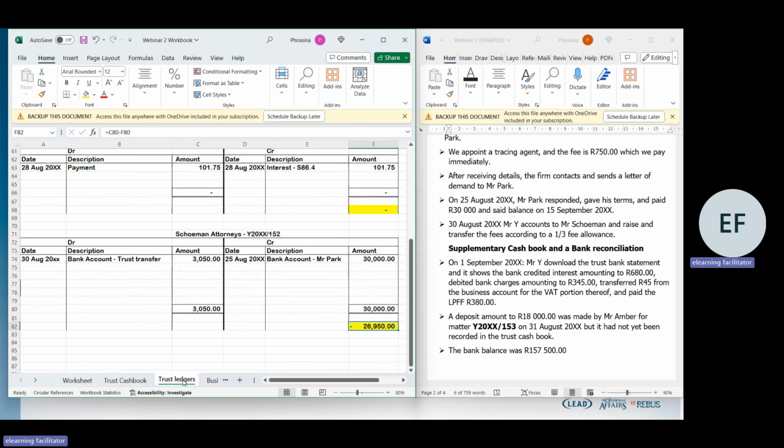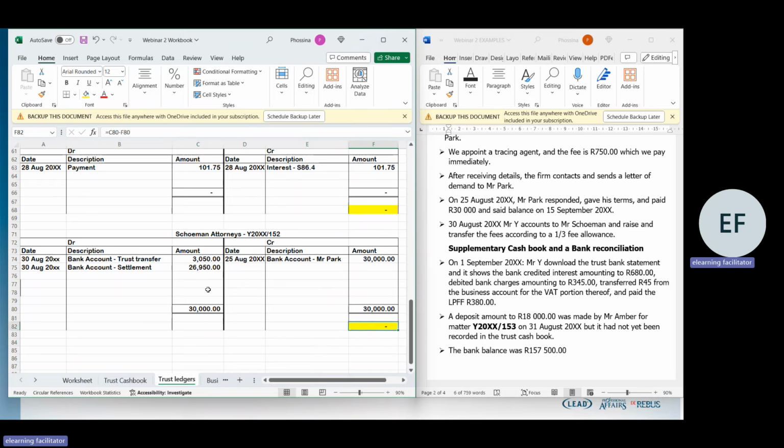If we go to our ledger to complete our double entry so that we close this account. So this is settlement payment, or we are settling the account. We are done on the 30,000 that we have collected. Okay, so if you can have a look, it balances to 0 because we've paid.